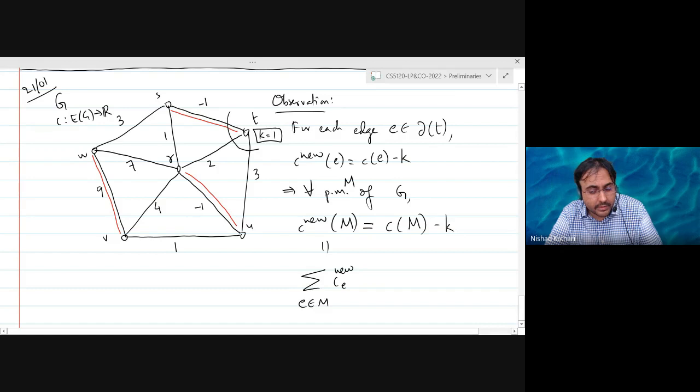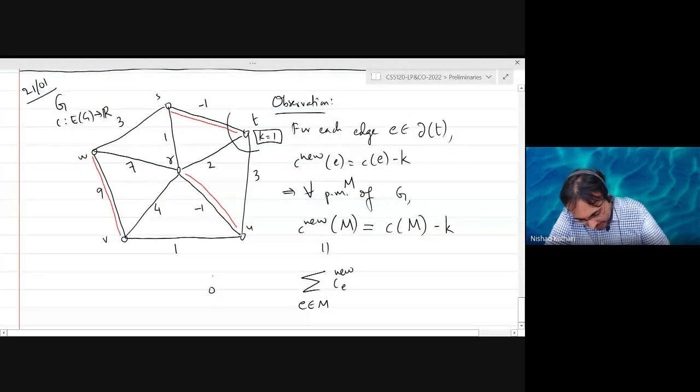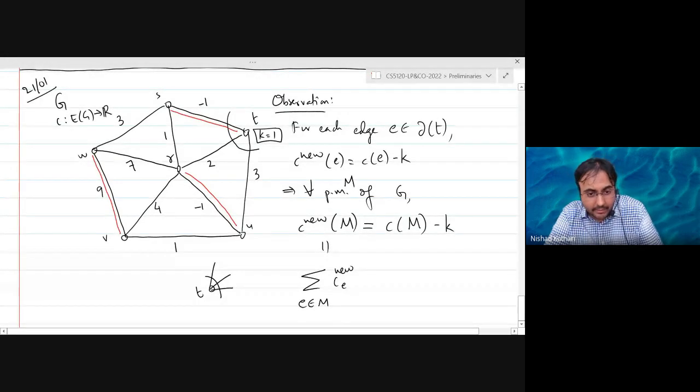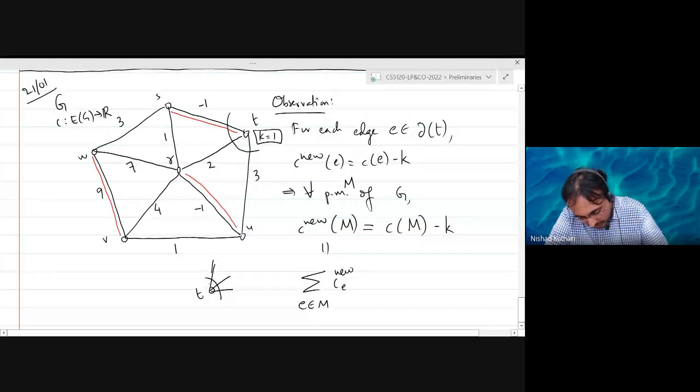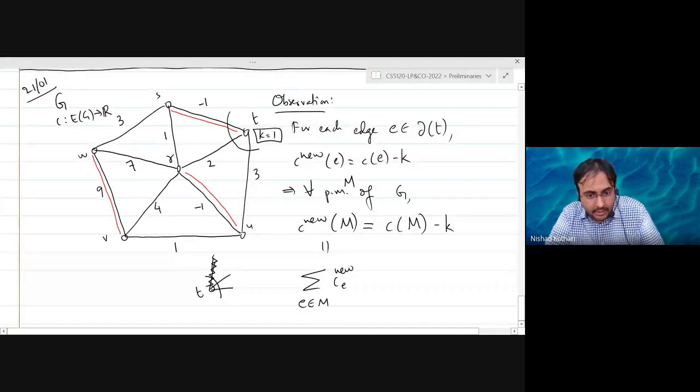We are simply using the fact that a perfect matching will have exactly one edge incident at the vertex t, for that matter, for any vertex, right? And because we are changing all the edge costs by exactly the same quantity, one of these edges will participate in your perfect matching and the value will change exactly by k, right?